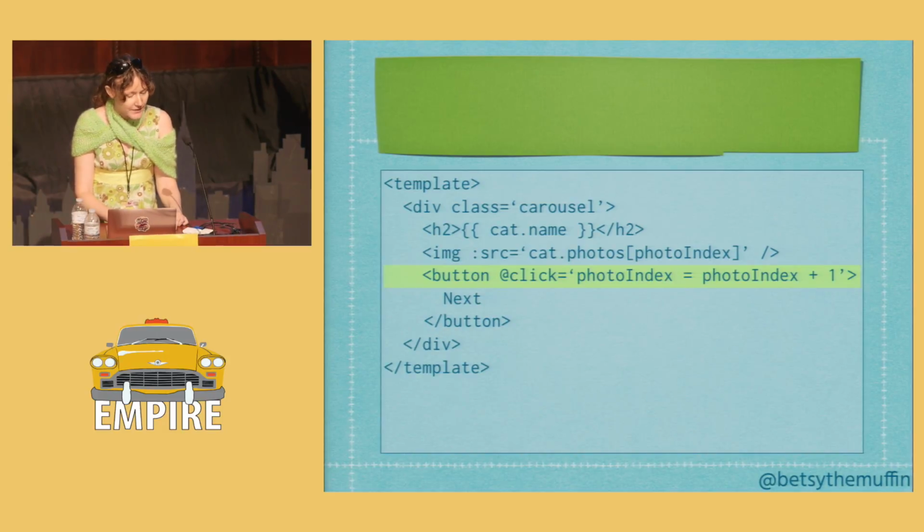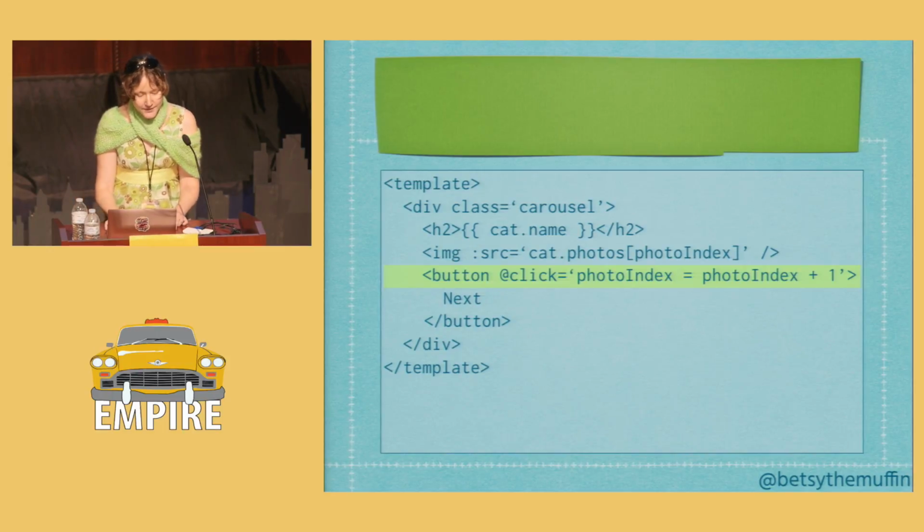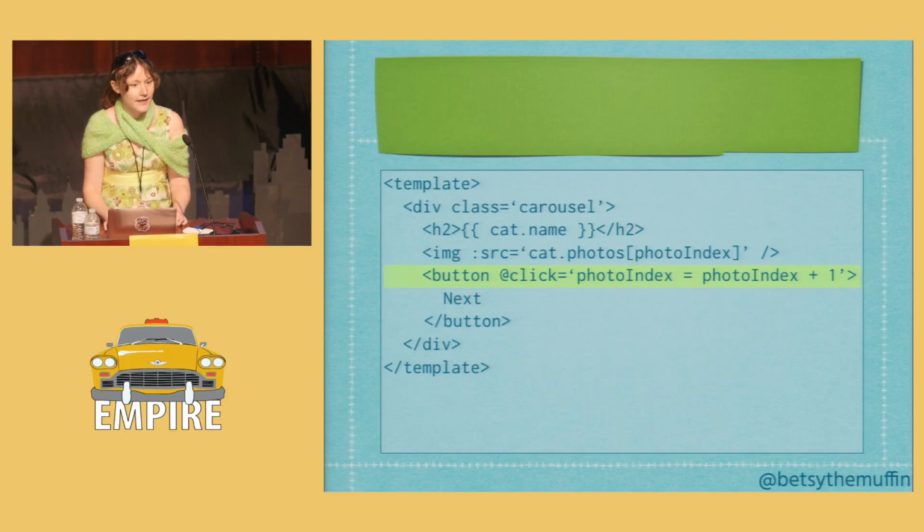When you modify their values using this setter, like we're modifying photo index here, it triggers a recalculation of any computed values that depend on this data. So all we need to do to change the photo displayed in the carousel is increment the photo index. The rest of the steps necessary for updating the HTML will happen automatically.